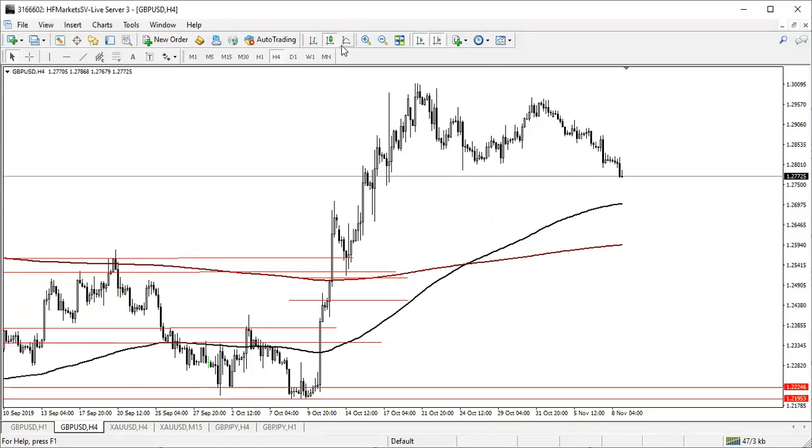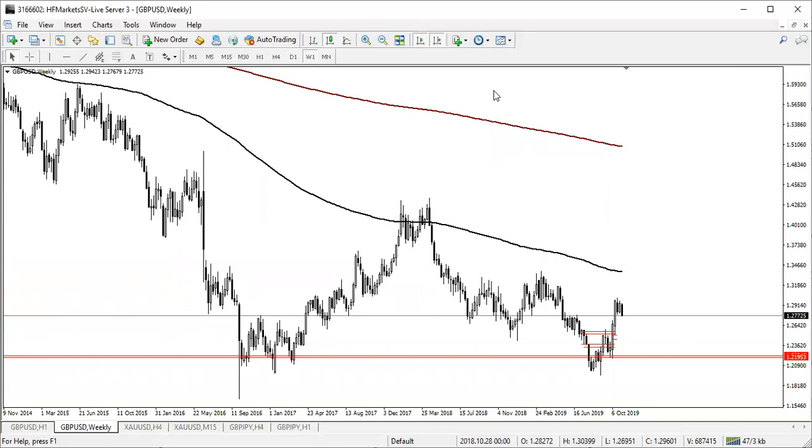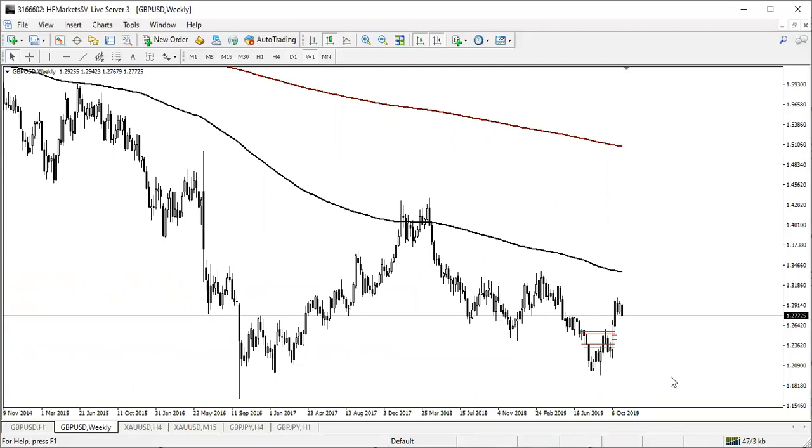All right, we move to our weekly time frame. So price tapped a supply zone on the weekly.